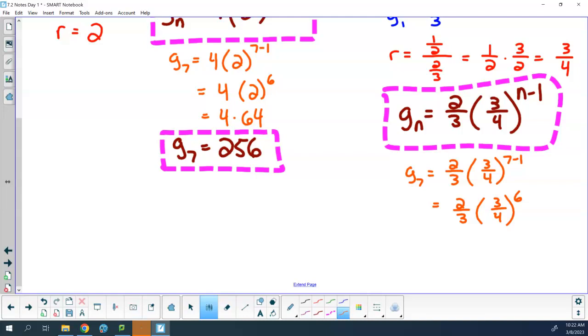How can I make 3/4 to the 6th power still be a fraction? 6/1. Okay, that's not going to help me. It's still in the exponent.